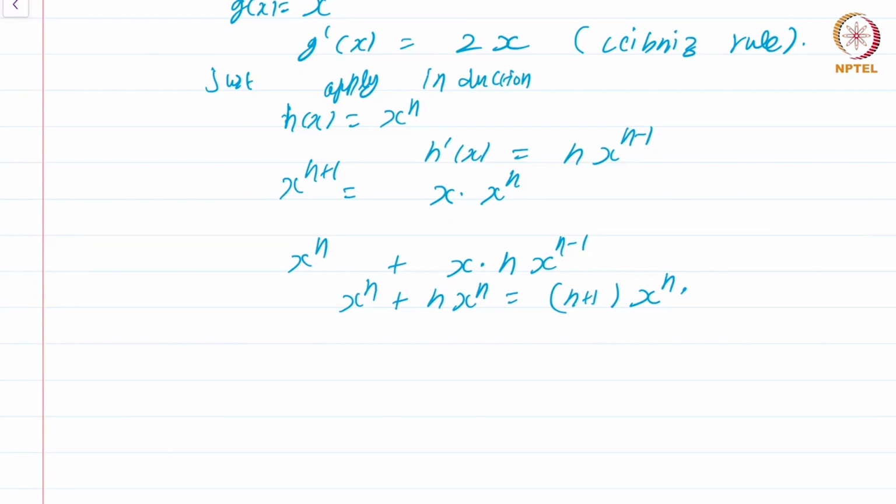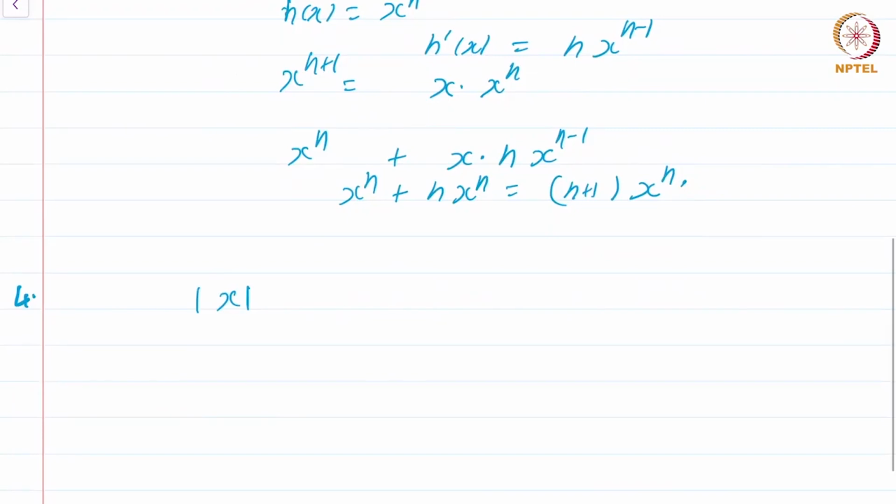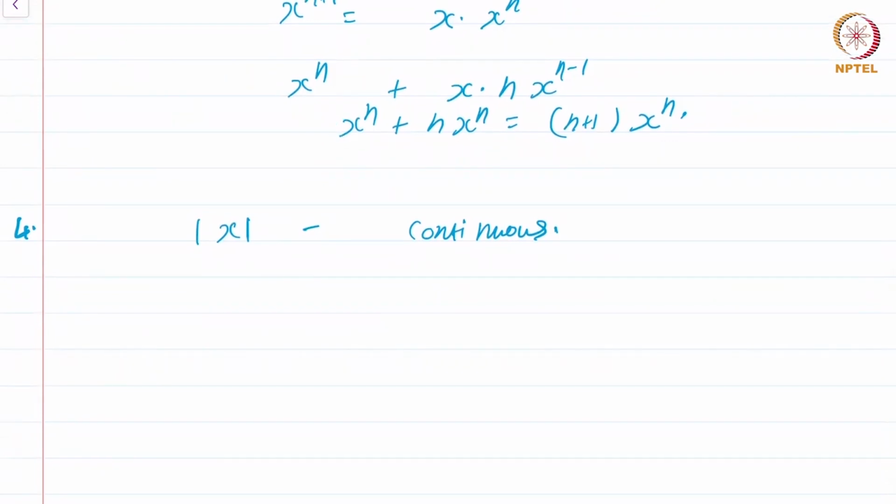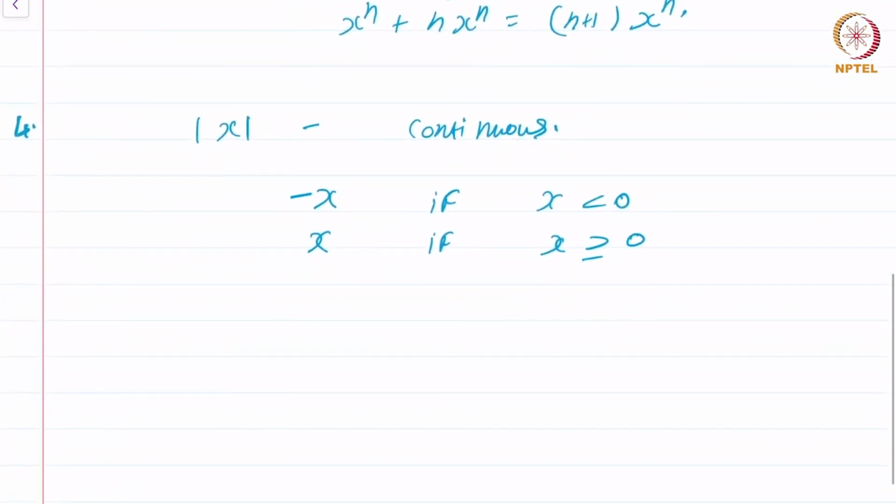Okay, so far 3 simple examples. Let's slightly modify this example, at least in the case, take mod x. This function, as we all know, is certainly continuous. And this function is equal to minus x if x is less than 0, and x if x is greater than or equal to 0.